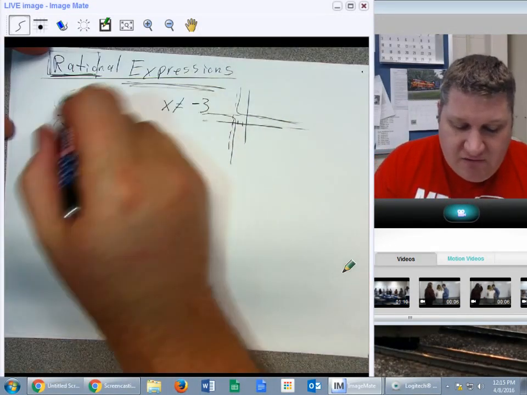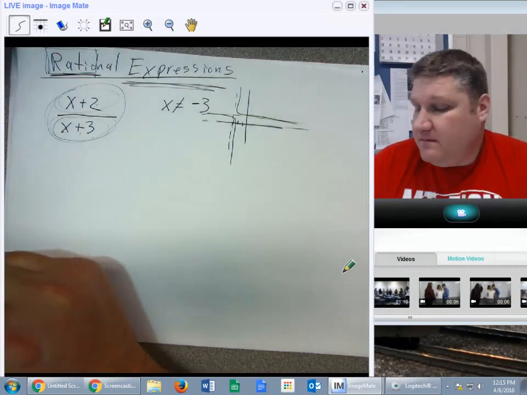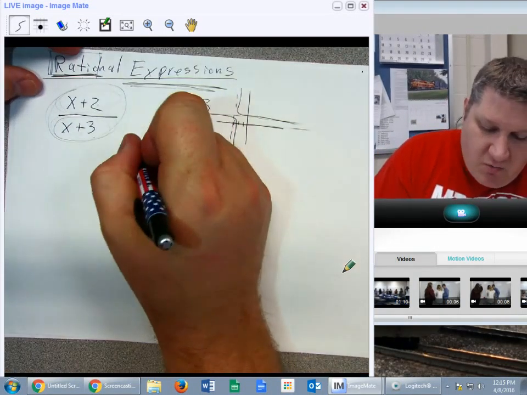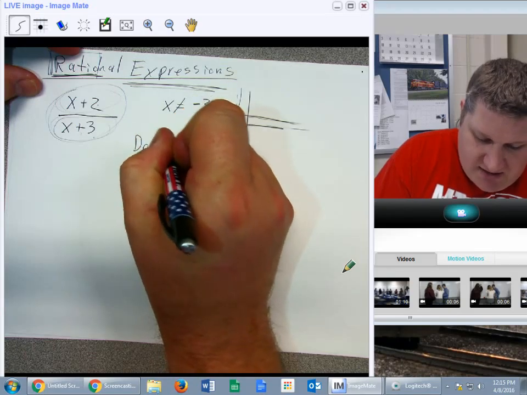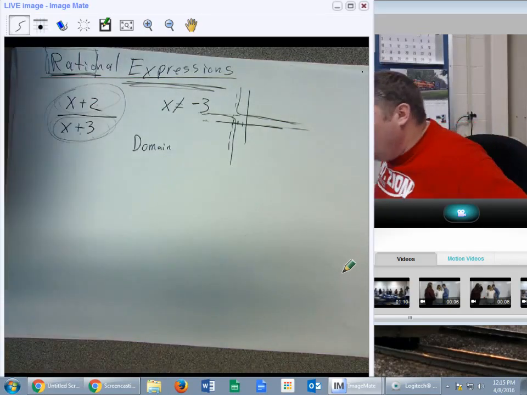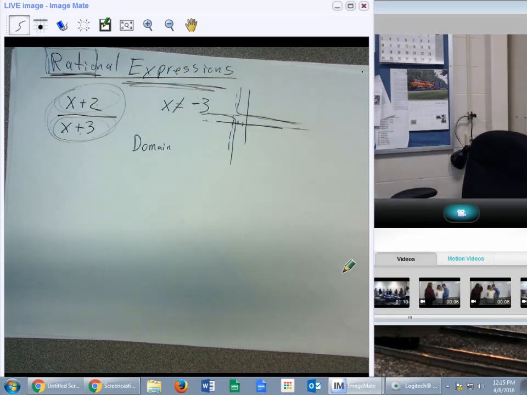Now, can I reduce this any further? Can I make that any more simple? No. Now I want to know what's the domain of this function. The domain is all the possible x values, correct?